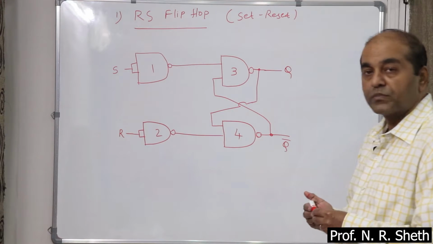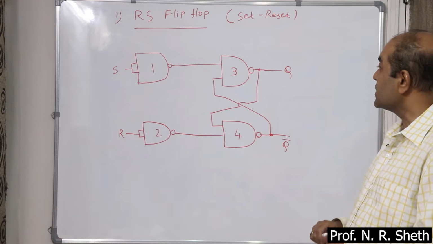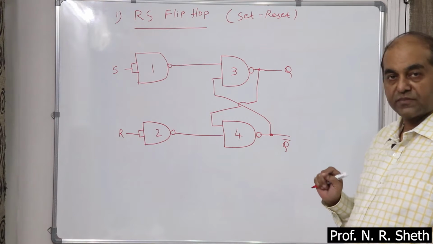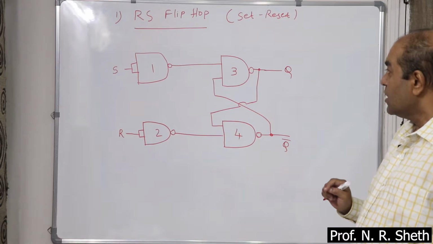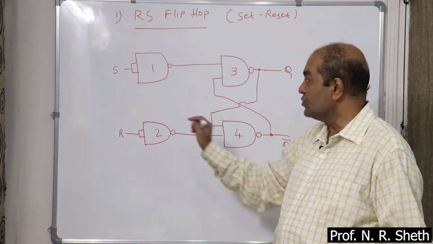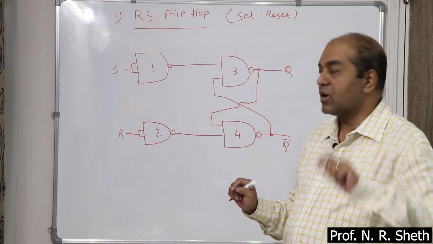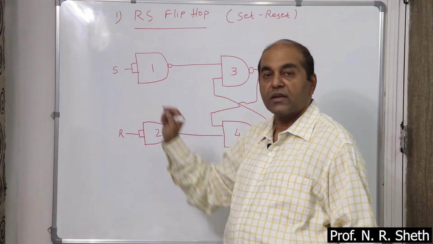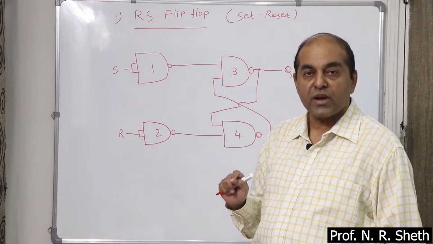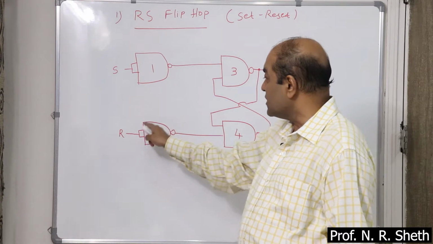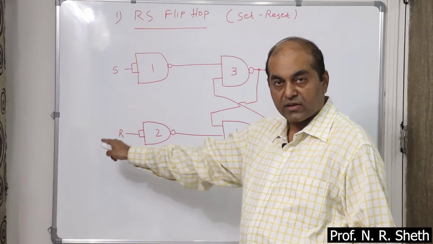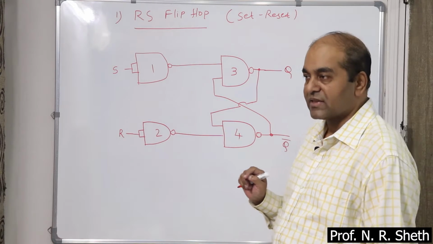This circuit is constructed by using 4 NAND gates. Gates number 1 and 2, where both the inputs are shorted, and that input is said to be input S. And here both the inputs are shorted, and this input is input R, set, reset.